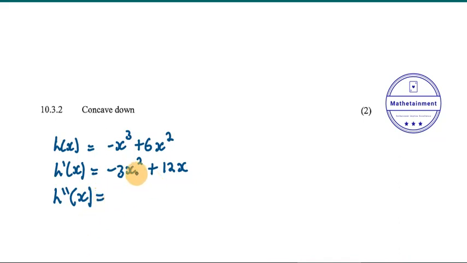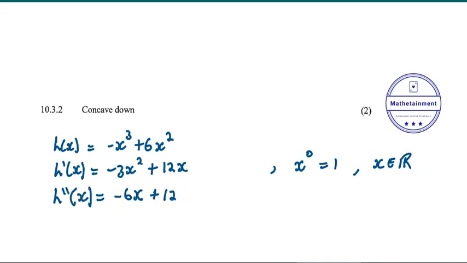Minus 3 times 2 becomes minus 6x, and the exponent of this one is 1, so 1 times 12 becomes 12, and when you subtract 1 you end up with x to the power of 0, and we know that x to the power of 0 is equal to 1, for every real number x. So here it will be plus 12.